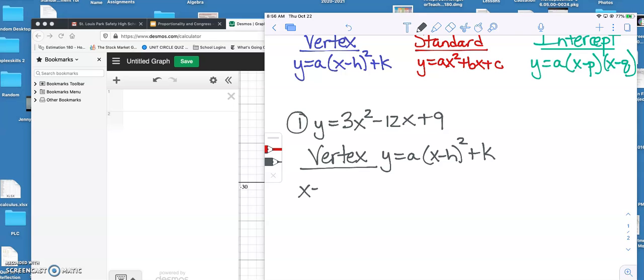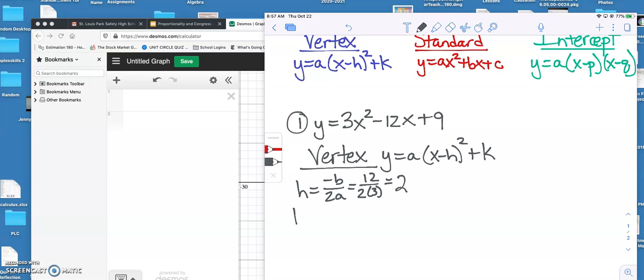Our h value is the opposite of b over 2a, so 12 over 2 times 3. 12 over 6 is 2.